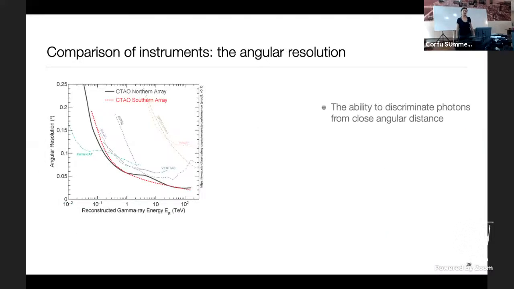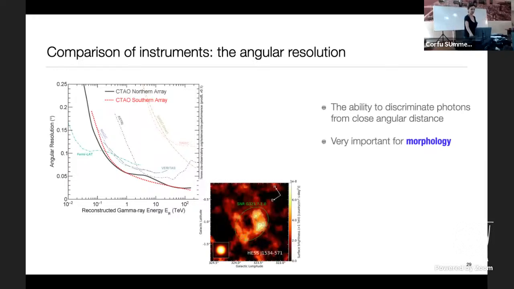And finally, let me mention the angular resolution. We said before, a photon is cool because it tells us where it comes from. But then you have to be able with your detector to reconstruct this direction. And that is a different thing, okay? So the PSF, the point spread function, the angular resolution, tells you this.